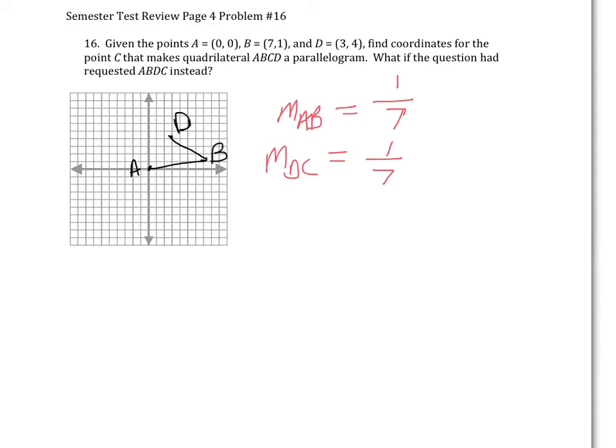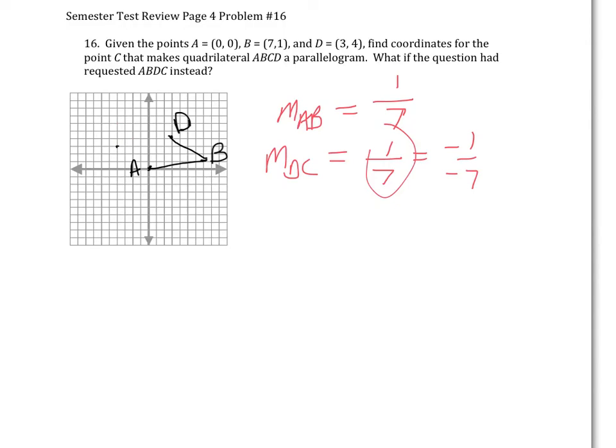So from D, I can rewrite this slope right here as -1 over -7. And that would get me the same answer of positive 1/7, because to divide a negative by a negative, we get a positive. So from D, I'm going to go down 1 and to the left 7.